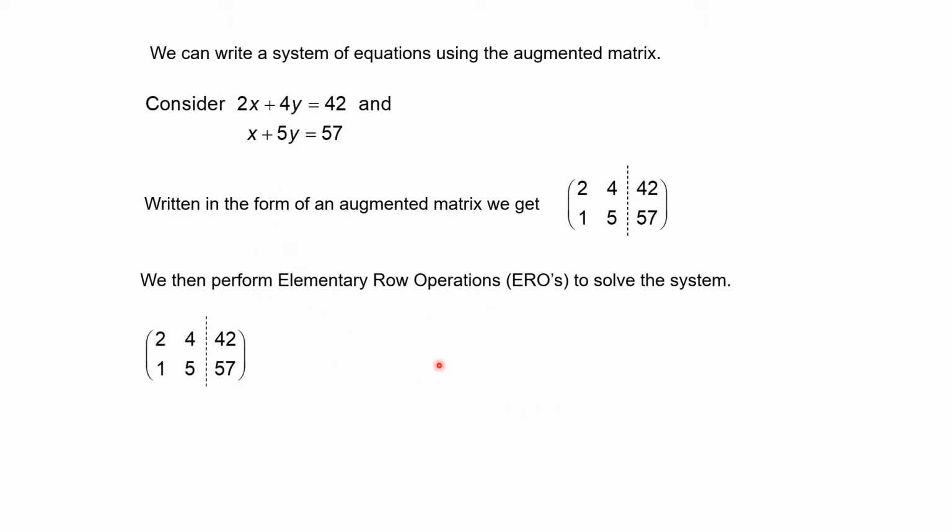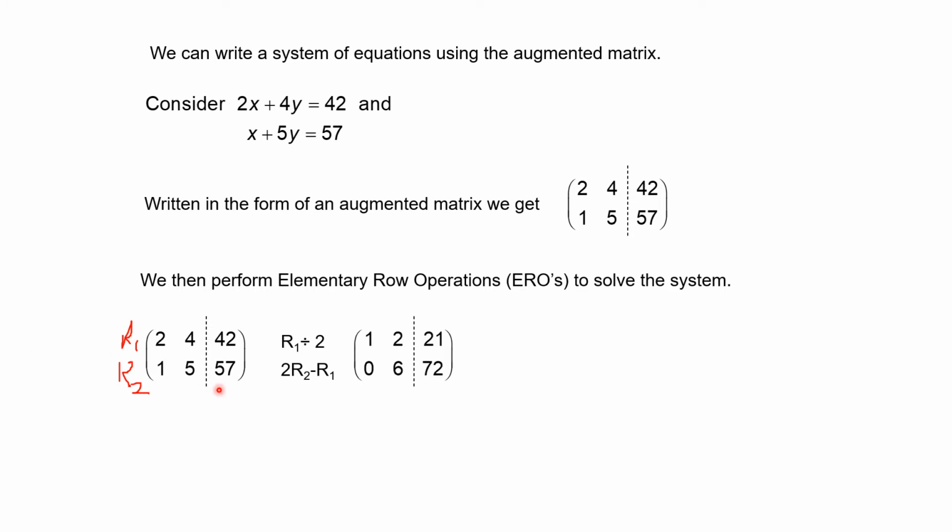For elementary row operation in a 2 by 2 system, in order to solve it, you need to make the value of 1 here 0. So again, you represent your first row as row 1 and your second row as row 2. It will be 2 times row 2 take away row 1.